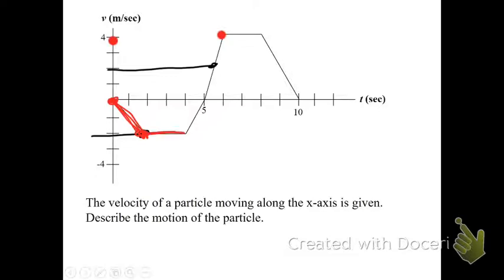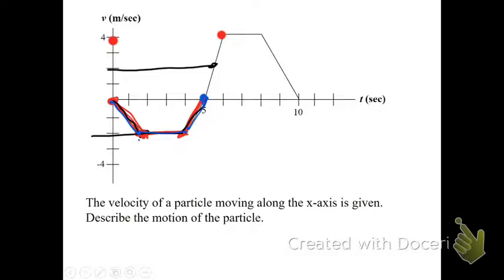Here it's a constant speed of 2. Then we go from 2 to 0, so the particle is slowing down. Okay, all of that, the particle's going to the left, but speeding up because we went from 0 to 2, constant, and slowing down. All right, now let's look at the part where the particle's moving to the right.